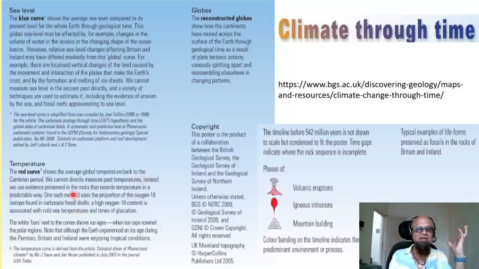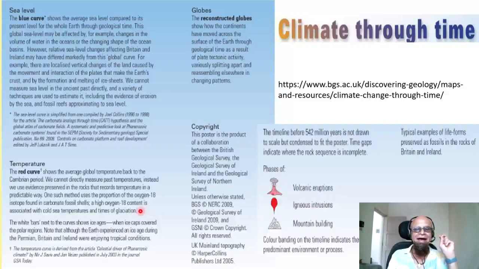Temperatures: we'll see a red curve that shows the average global temperature back to the Cambrian period, which is 542 million years ago. We cannot directly measure past temperatures. Instead, we use evidence preserved in the rocks that record temperatures in a predictable way. We know how that works. One such method uses the proportion of oxygen 18 isotope found in carbonate fossil shells.